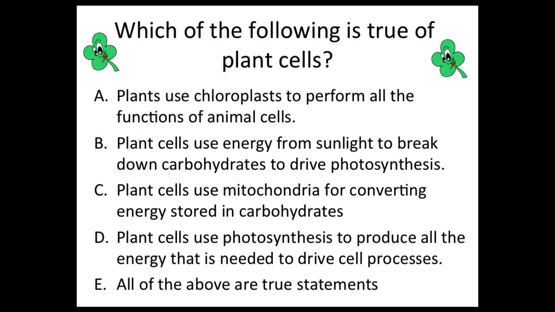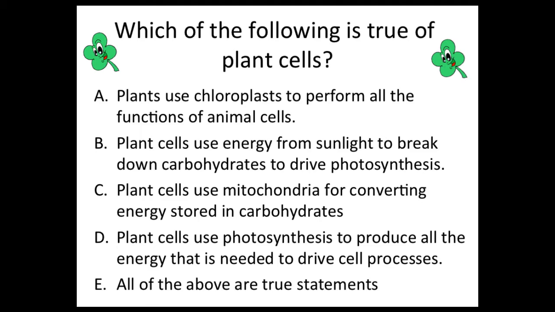So this is a challenging question, but let's see if you can figure this out. Which of the following is true of plant cells? The first choice, plants use chloroplasts to perform all the functions of animal cells. The next choice is plant cells use energy from sunlight to break down carbohydrates to drive photosynthesis.